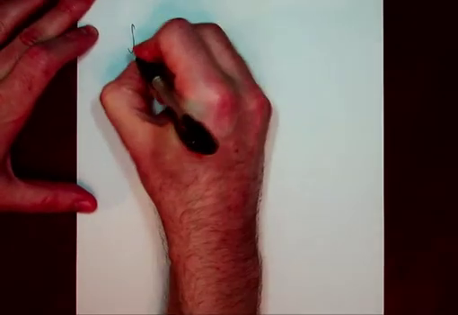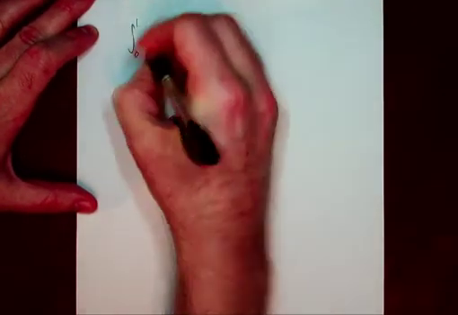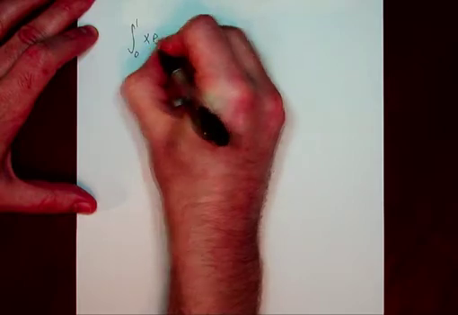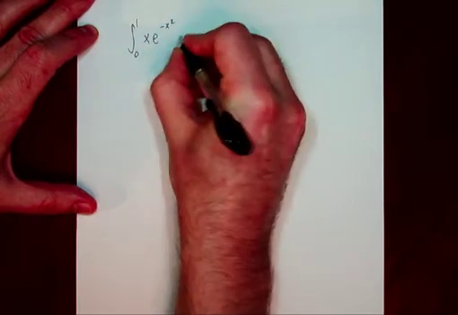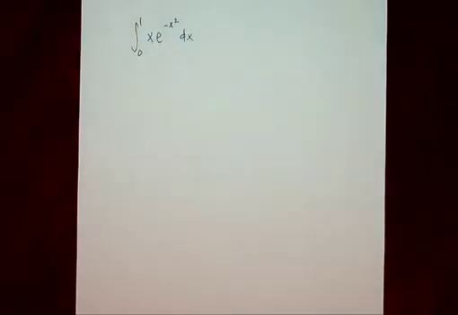Alrighty. How about let's do 0 to 1 of x e to the negative x squared dx. Okay.